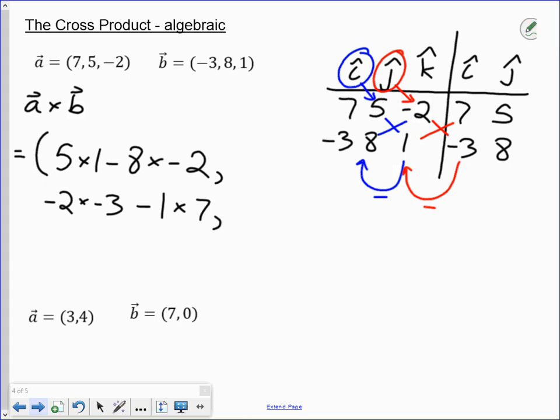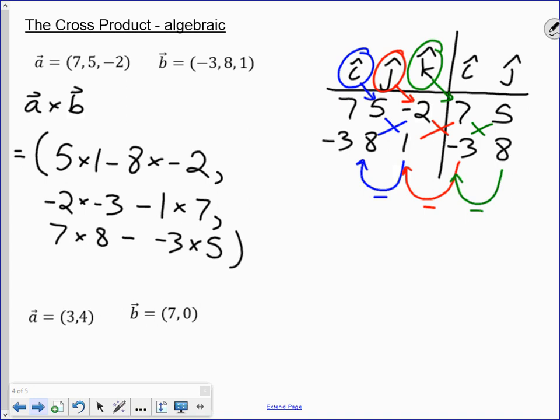Same operation for our k component. Down on an angle. We're going to multiply the 7 and the 8, and then subtract the -3 times the 5. 7 times 8 minus -3 times 5.